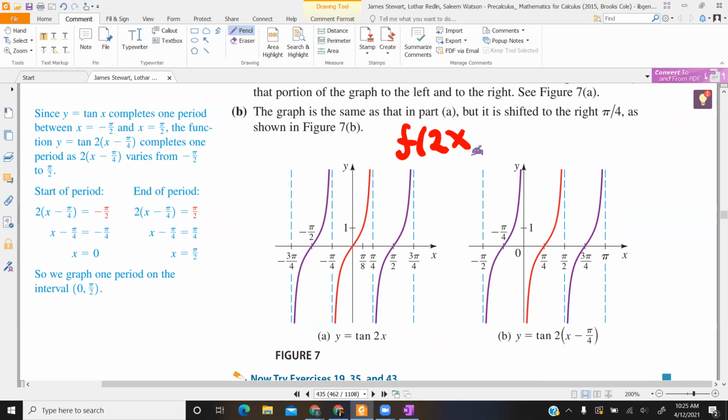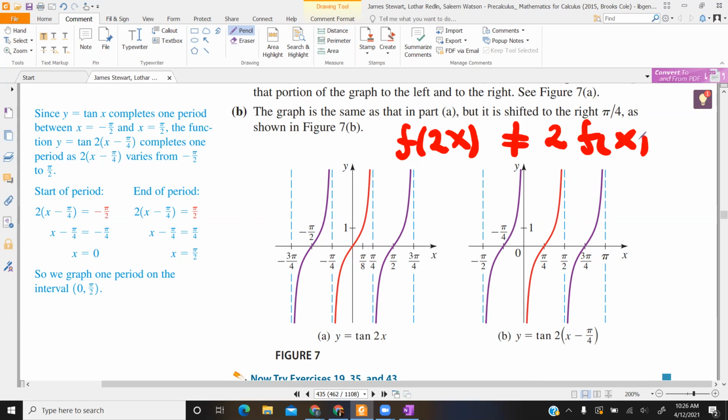It's not always the case that f of 2x is the same as 2f of x. The difference is that f of 2x corresponds to stretching it horizontally along the x-axis, because you're taking input x and then you multiply by 2.